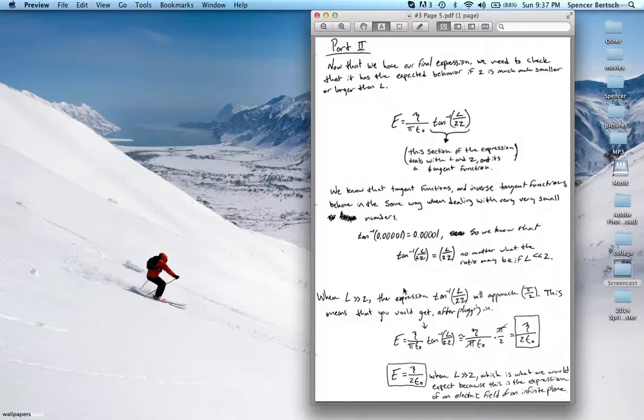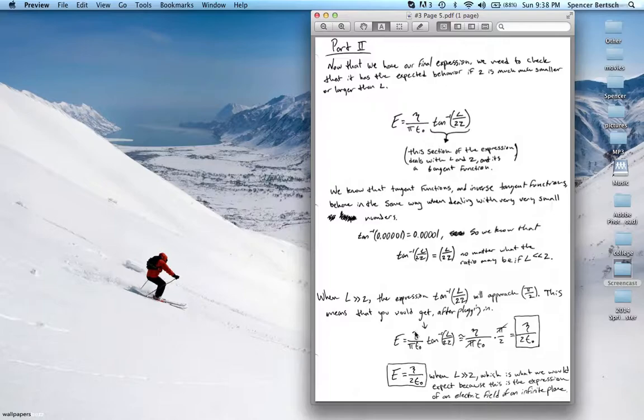So when you plug in something really large into tan inverse, like infinity, let's use the example of infinity, tan inverse of infinity is exactly pi over 2, because it's asymptotic at pi over 2 to infinity. So when you have L being really large compared to Z, it looks like infinity, and when you plug it in, you just get pi over 2.